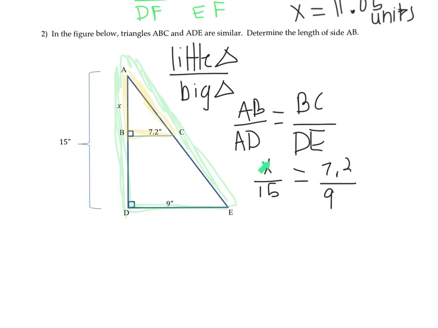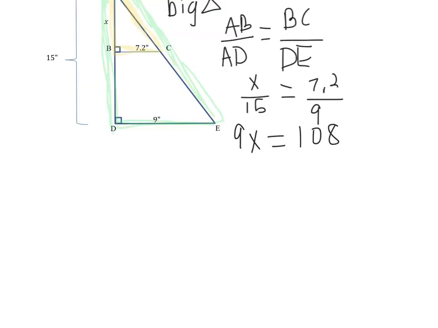And we're going to cross multiply. 9x equals the product we get here. That gives us 9x equals 108, and we are going to divide both sides by 9. So x equals 12, and we did have an inches label in this problem, so that is the missing side.